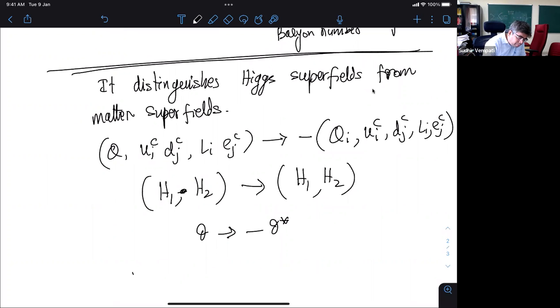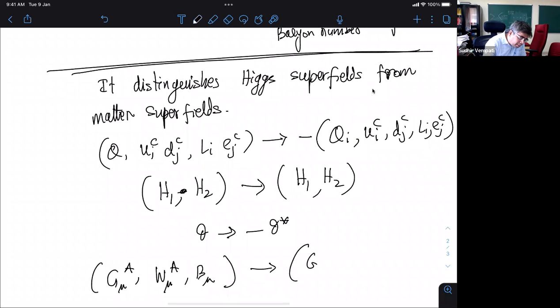and all the vector superfields, say for example, what did I call it? G mu A, W mu A, B mu A, B mu, that's it. Do not pick up any minus sign. They just remain the same.